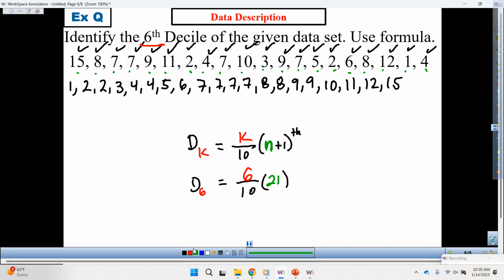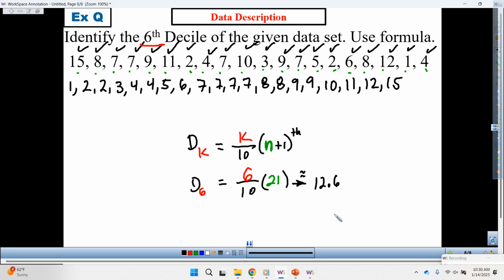All right. So calculators, calculate. 6 divided by 10 times 21. And that's going to be approximately, put the wiggles on right there. Approximately what? Let's see, I think Amelia's got this. What did you get, Amelia? 12.6.